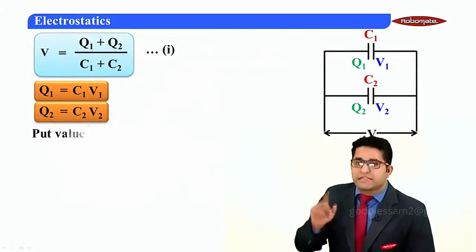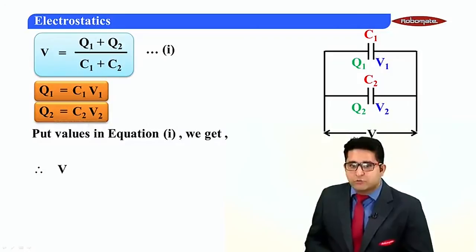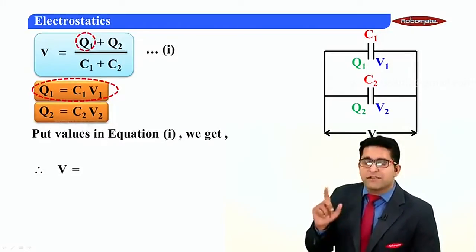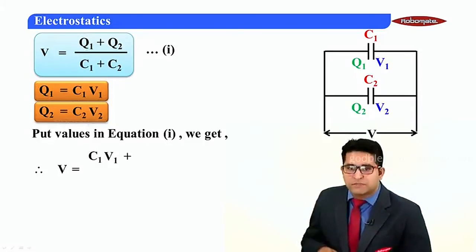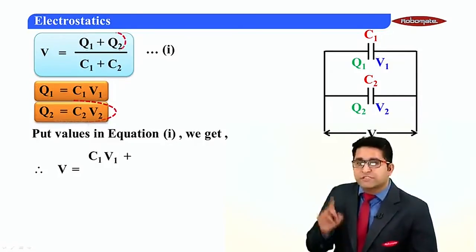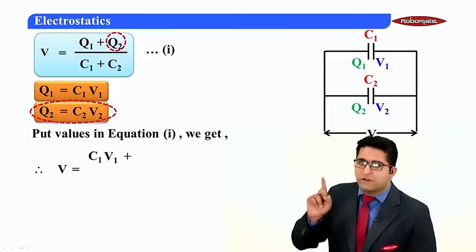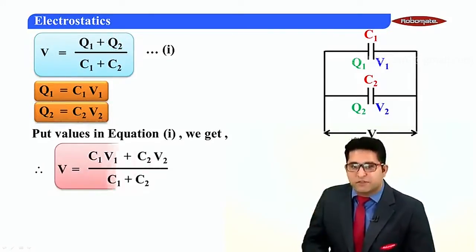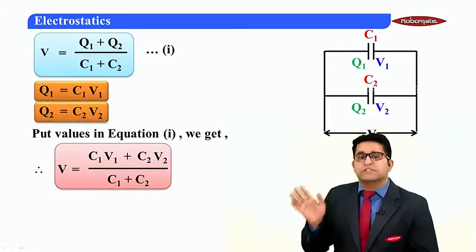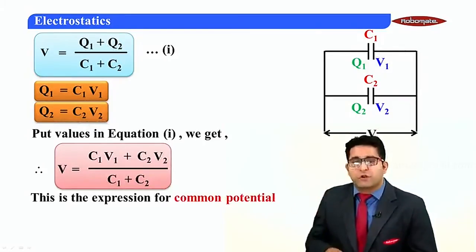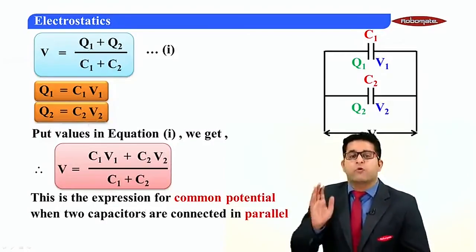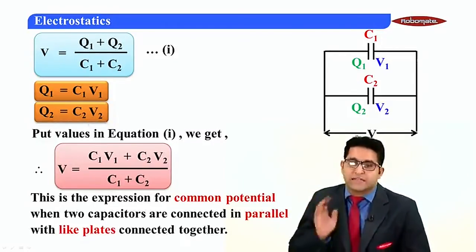I'll get capital V equals C1 V1 plus C2 V2 upon C1 plus C2. Students, this is the expression for common potential when two capacitors are connected in parallel with their like plates connected together.